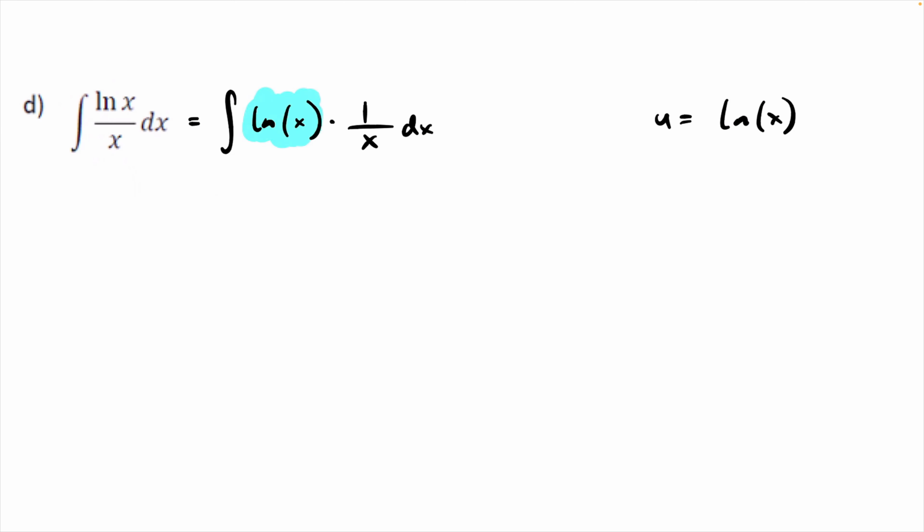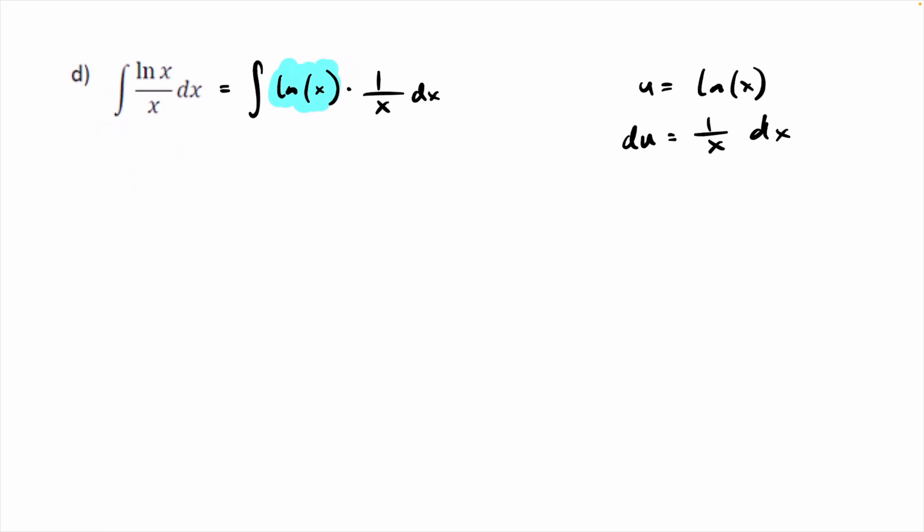du is going to be what? What is the derivative of a natural log? 1/x dx. Solve for dx. So instead of dividing both sides by 1/x, I'm going to multiply by the reciprocal.